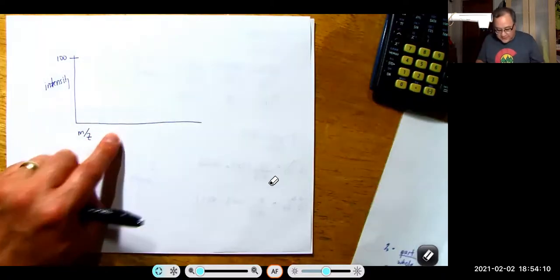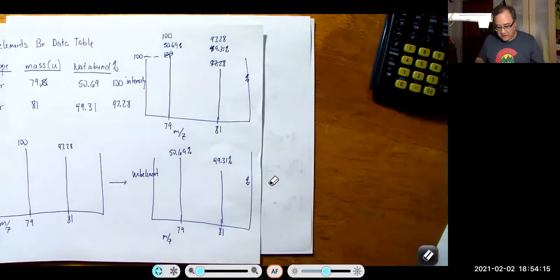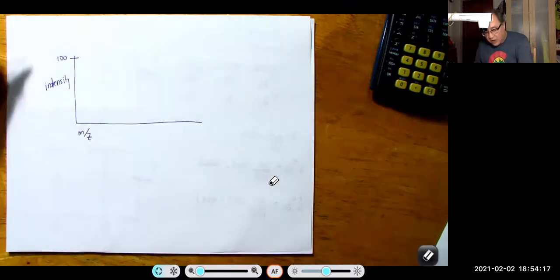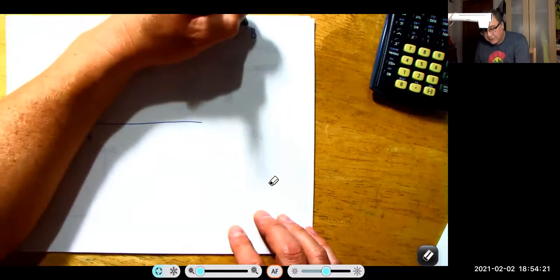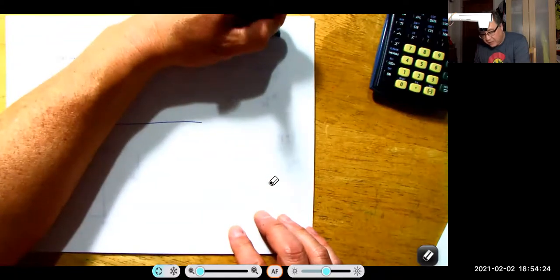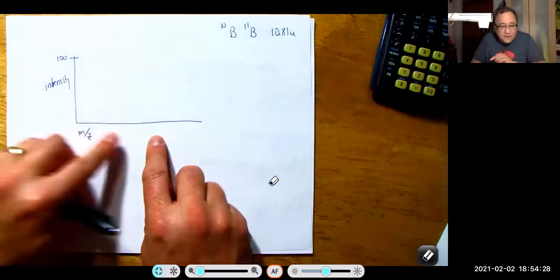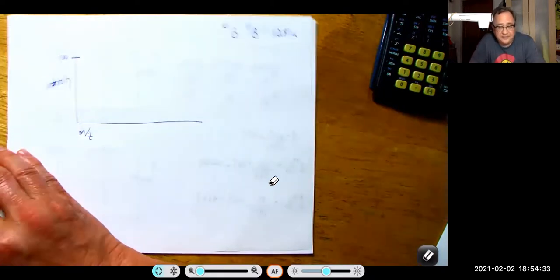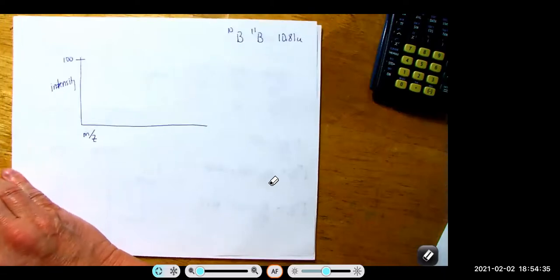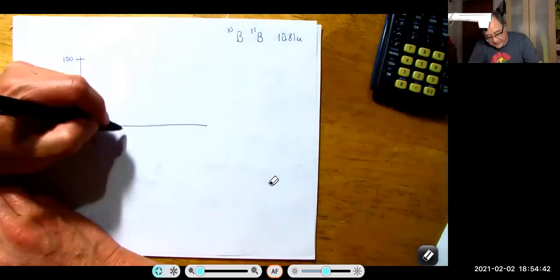What are we going to put here? Do we want to put 79 and 81? Now remember, we're doing this for boron 10 and boron 11, which has an atomic weight of 10.81 atomic mass units. What do we want to have for the masses down here? 79 and 81 or something else? 10 and 11.